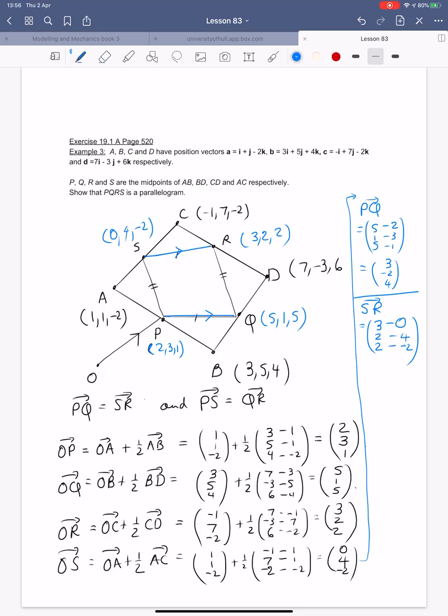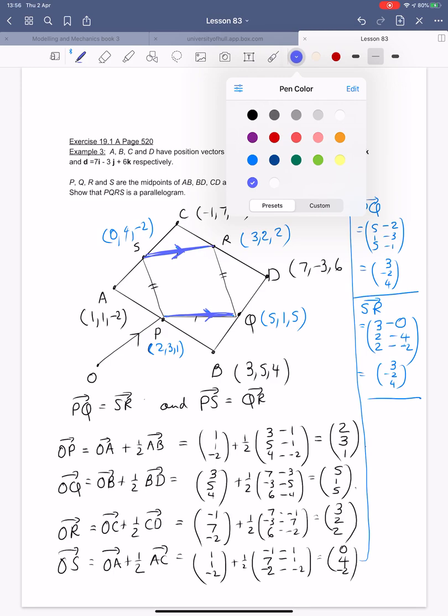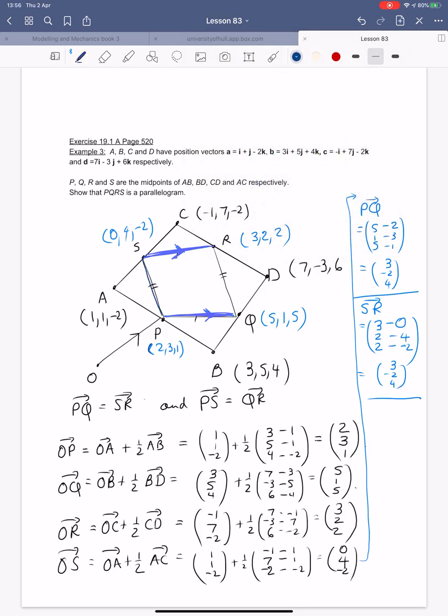And look, perfect. 3, minus 2, 4. So S to R, that one is the same as that one. So halfway there.